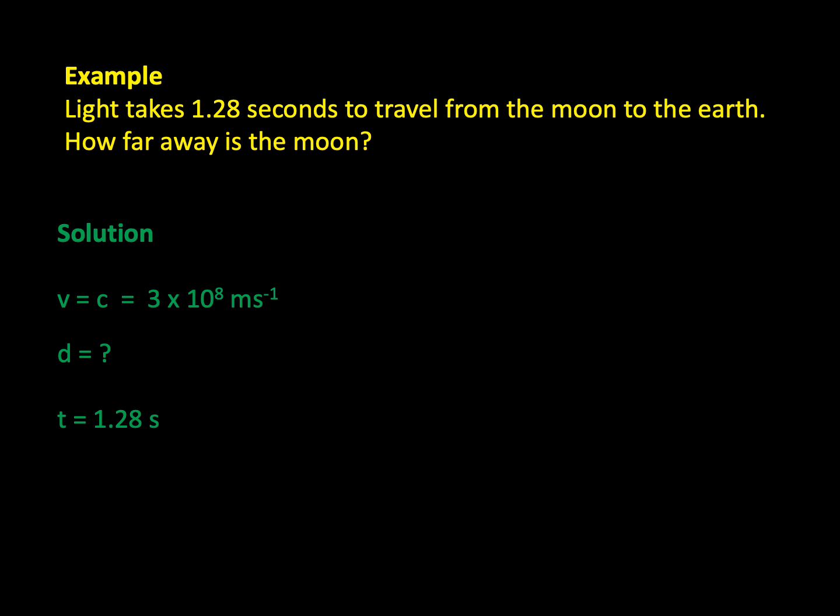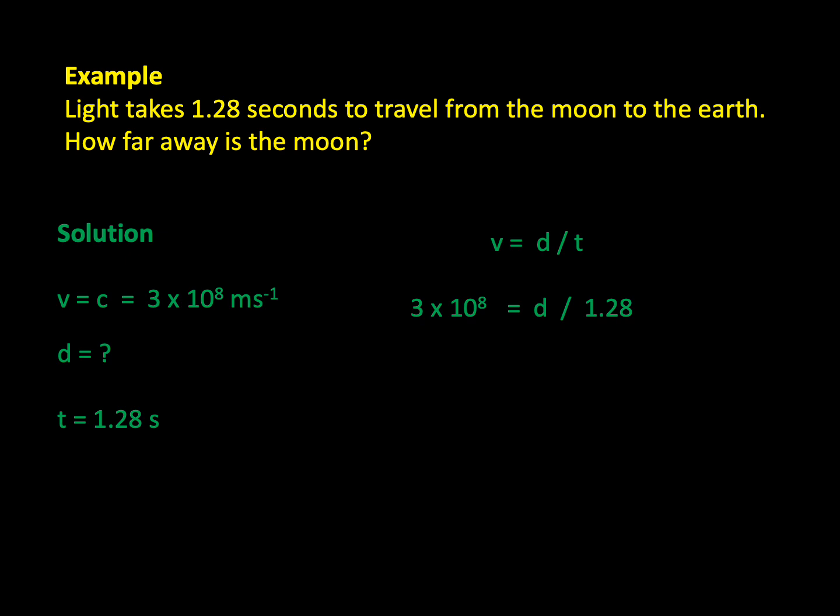Well, we list our variables. The speed is 3 times 10 to the 8. You're supposed to know that. The distance is the unknown, and the time is 1.28 seconds. So we've listed our variables, and we now state our equation. Speed is distance over time. Put in our variables.